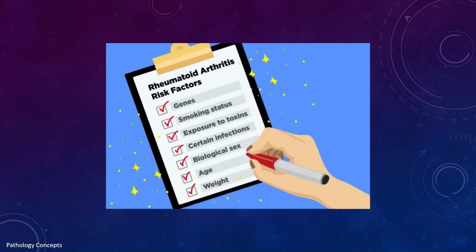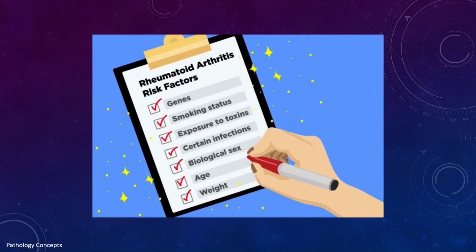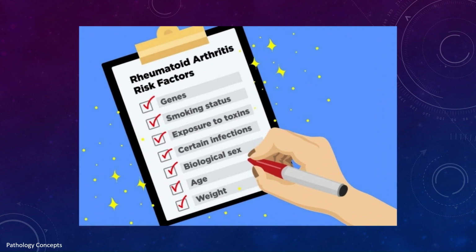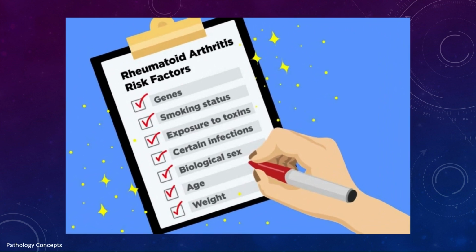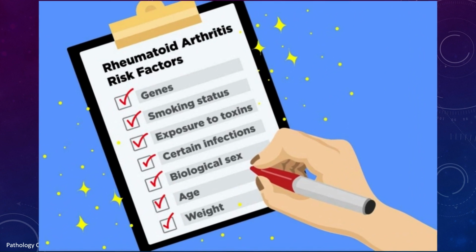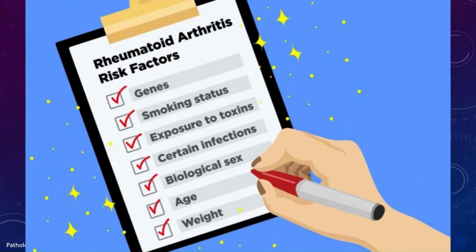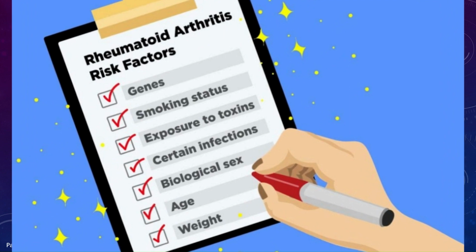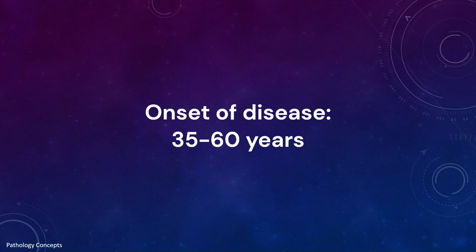The risk factors of rheumatoid arthritis include age, gender, genetics, and environmental exposures like cigarette smoking, air pollutants, silica, and occupational exposures. Onset of this disease is usually from age 35 to 60 years.